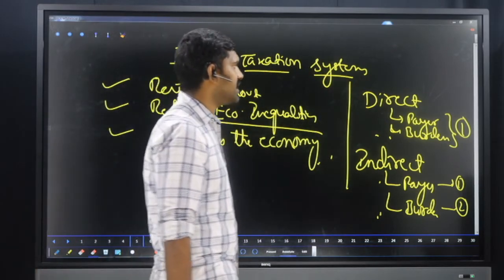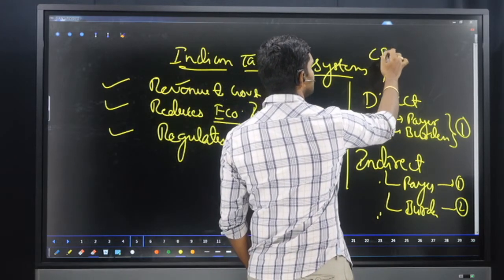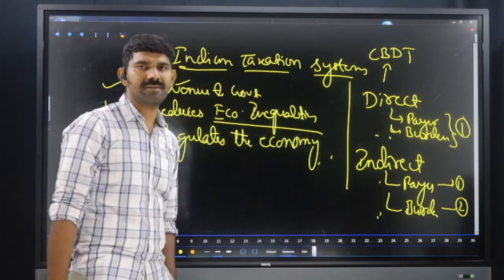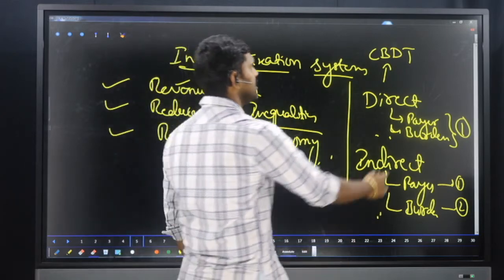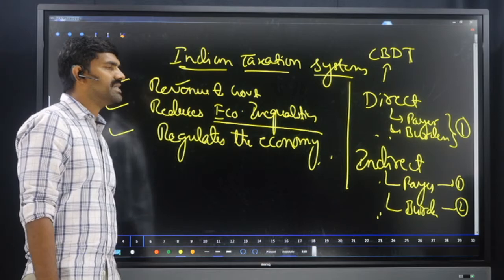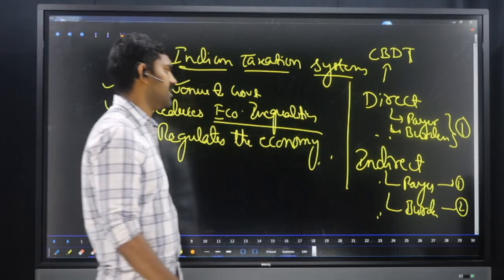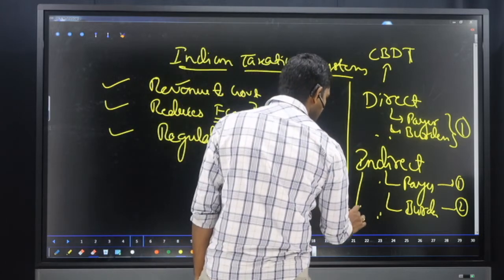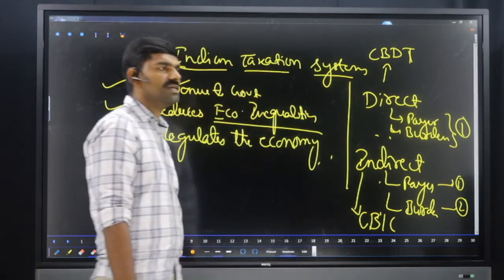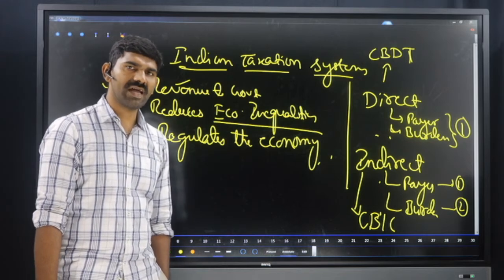First of all, understand that the direct taxes are managed by a board called the CBDT. Now tell me, who is the chairman of CBDT? Anyone can answer me. And the indirect taxes are managed by a board called CBIC. CBDT stands for Central Board of Direct Taxes.